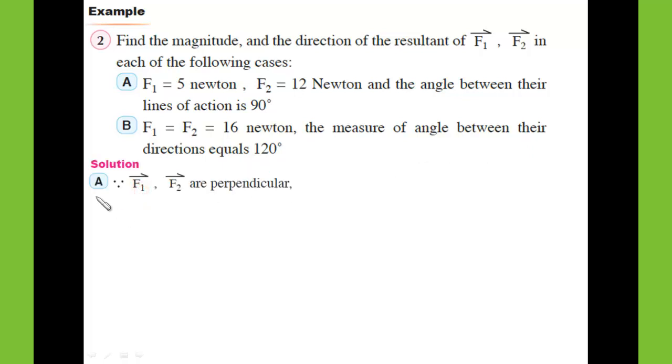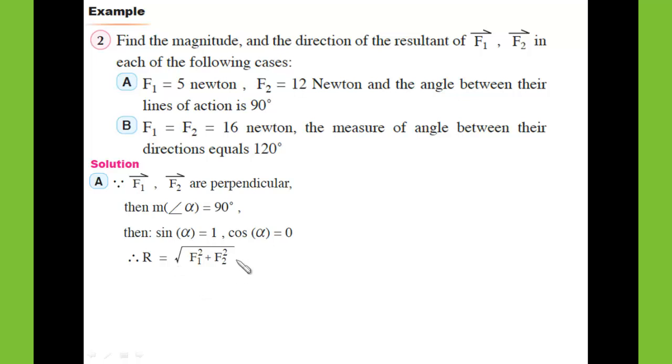Solution: since F1 and F2 are perpendicular, the measure of angle alpha equals 90, sine alpha equals 1, and cosine alpha equals 0. R equals the square root of F1 square plus F2 square.